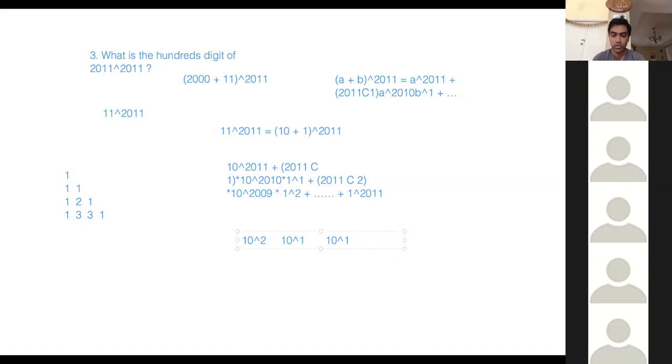So let's think about what these terms would be. This would be 10 squared times 1 to the power 2009, and then there's also the 2011 choose 2 here.